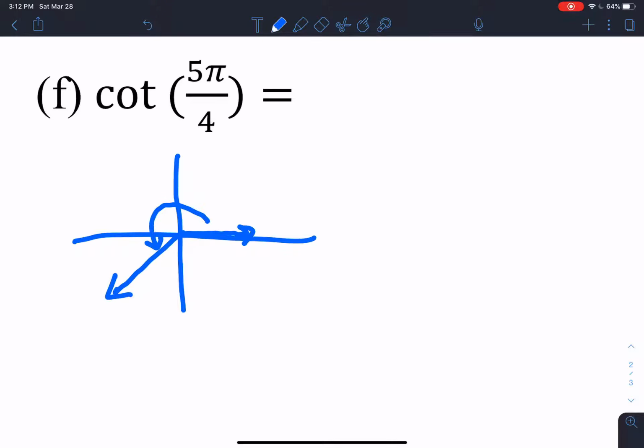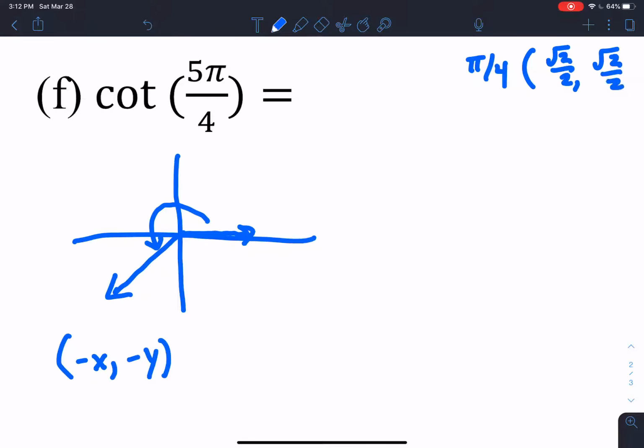Okay, now we have quadrant 3, which is negative x and negative y, right? So this goes back to the angle at pi over 4, which is root 2 over 2, root 2 over 2. Since we're using 5 pi over 4, I just have to make the x term negative and the y term negative.